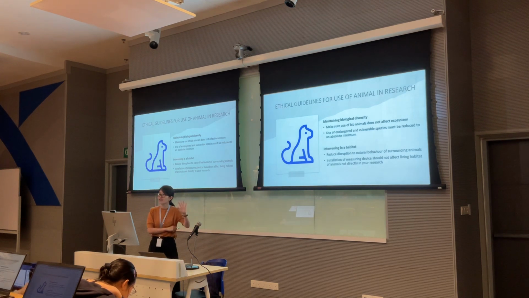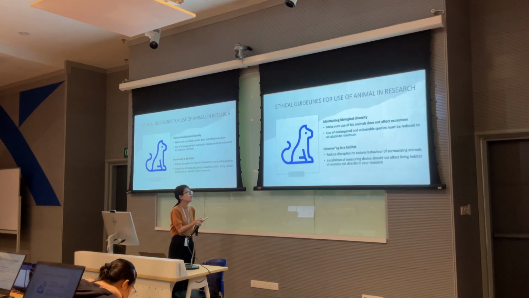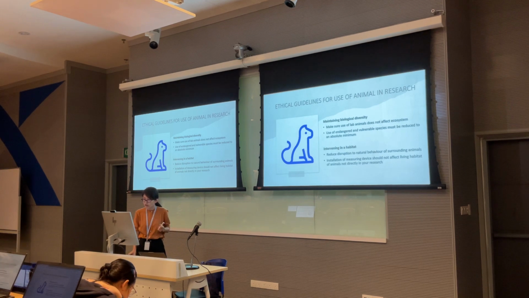Please do not use those animals in your research study. And interventions in a habitat: reduce the disruption of natural habitats, and try to install measuring devices which do not affect the living habitats of the animal. Please try to maintain the ecosystem and the animal habitats.